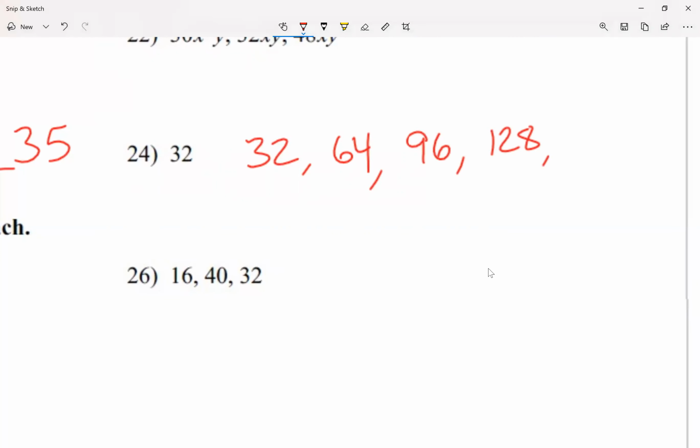And then 32 times 5 will be 160. Again, don't forget the commas in between the numbers. Don't forget the space after each comma.